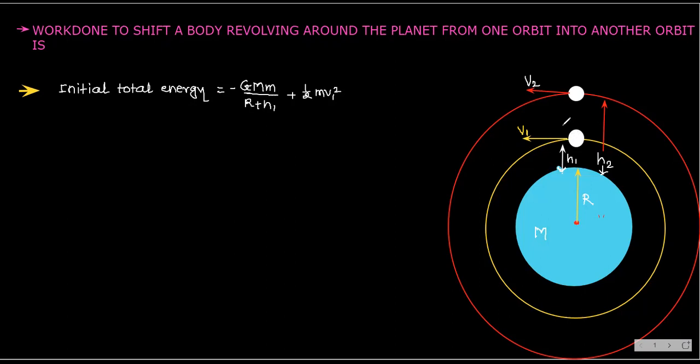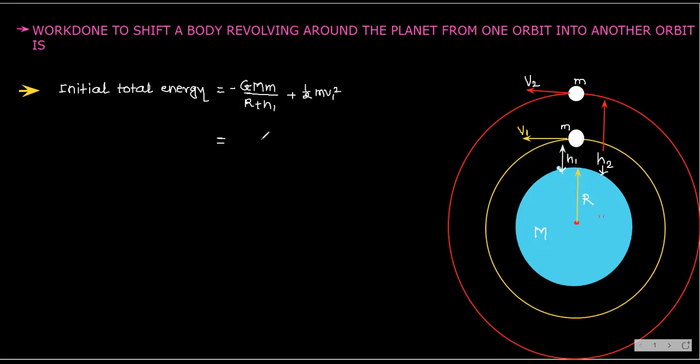At this point its mass is m, obviously. This is the initial total energy. Now if I substitute this v1, the orbital velocity, root of GM by (R plus h1), I am writing it directly, as I have already substituted many times and taken the LCM in previous cases. So just substitute v1 equal to root of GM by (R plus h1), and you will get this value.